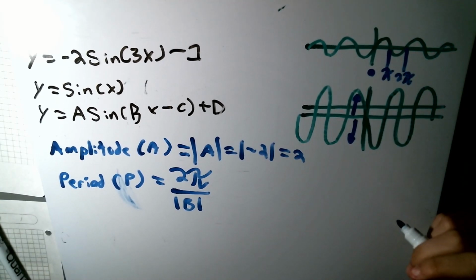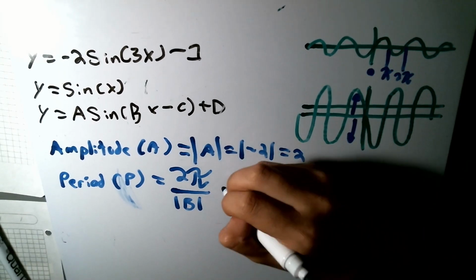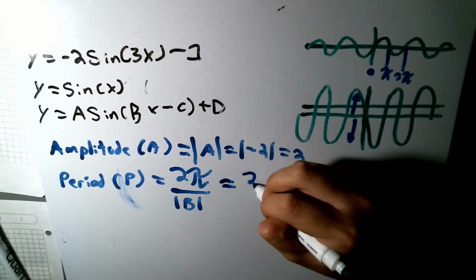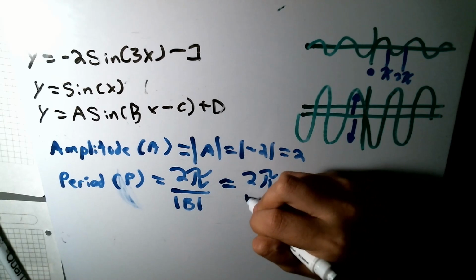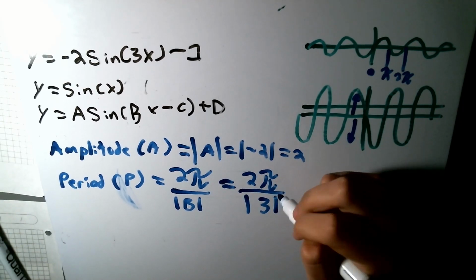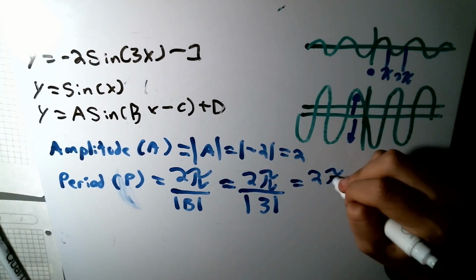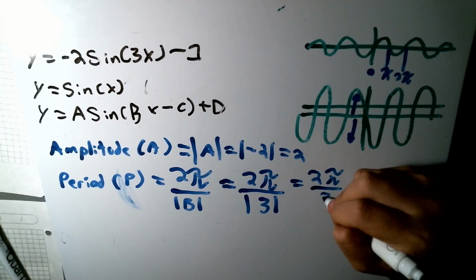But because this is 3 times skinnier, it does that lapse in a shorter distance. So this gives us 2 pi over the absolute value of 3, which is 2 pi over 3.